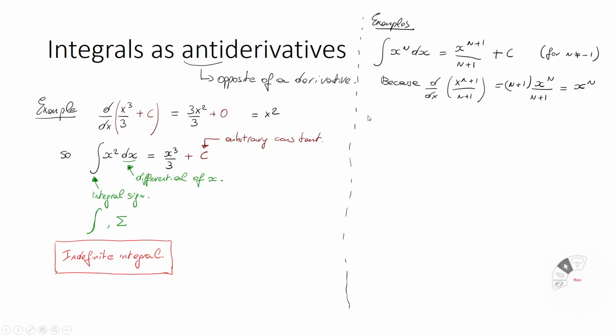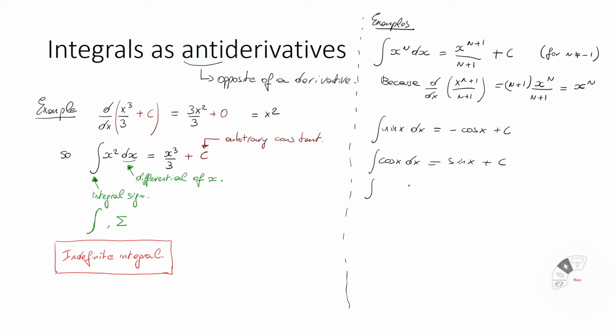So a couple more that we already know. We know that the integral of sine x dx is equal to minus cosine x plus a constant. Again, because if we take the derivative of cosine, that's minus the sine, so the signs cancel out. And then the integral of cosine is sine x plus c.